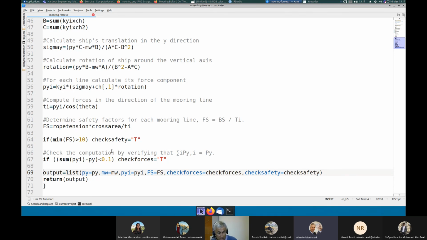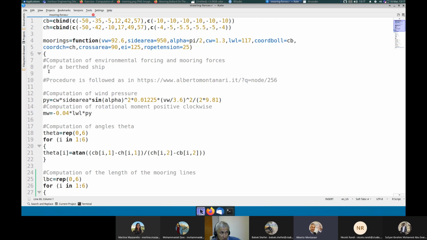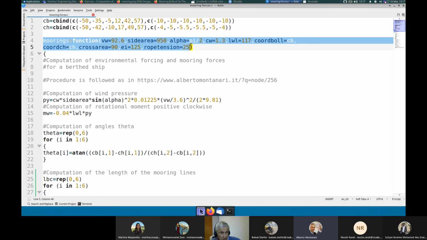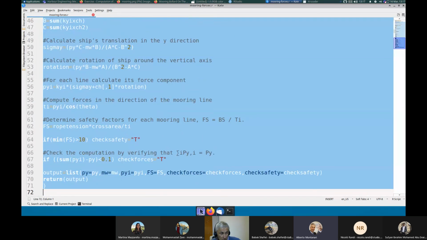So let me then include in the function these two checks and the extended output. And in order to do that, I need to redefine the function. So let me go back to the beginning of the function, and I make the selection from the first instruction of the function down to the end of everything.